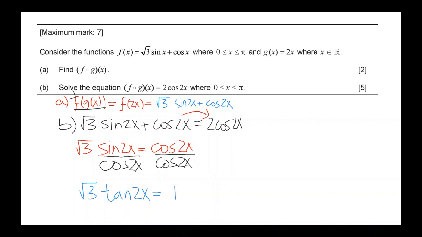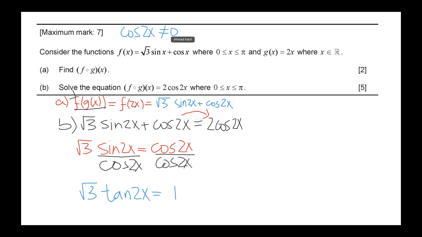Note that normally you're not encouraged to divide both sides of an equation by x, because if x is 0, then you get an undefined expression. So what we did only works if cosine 2x is not equal to 0.